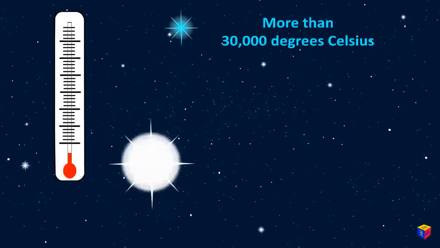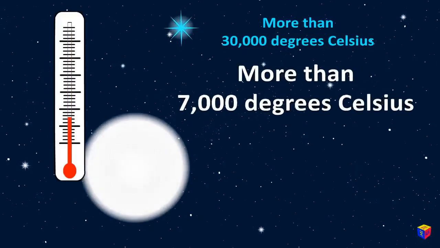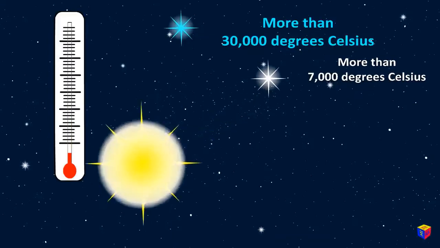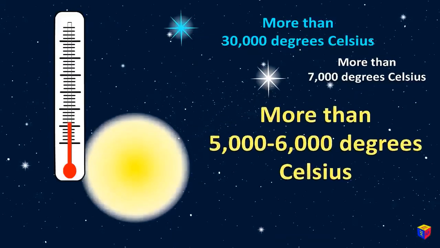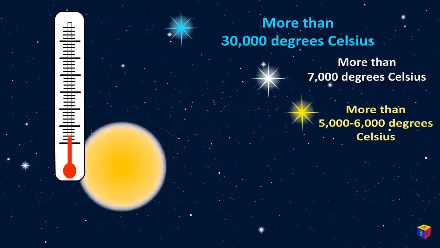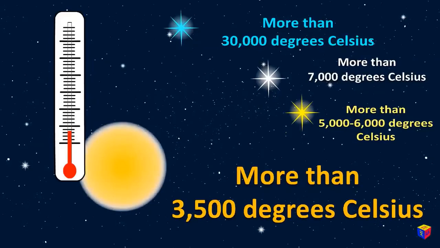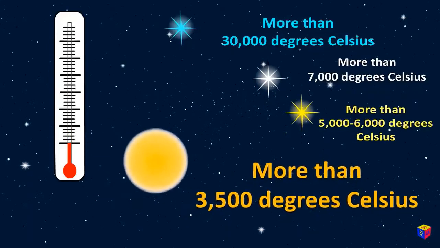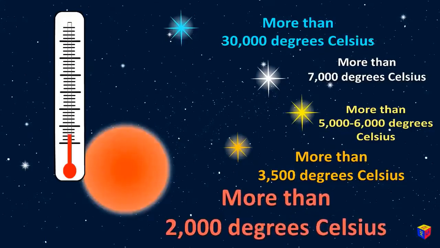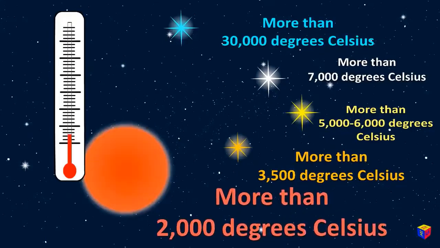White stars are a little cooler. Their temperature is more than 7,000 degrees. Yellow stars have a temperature of 5 to 6,000 degrees. Orange stars more than 3,500 degrees. Finally, the coldest stars are the red ones. Their temperature is more than 2,000 degrees.